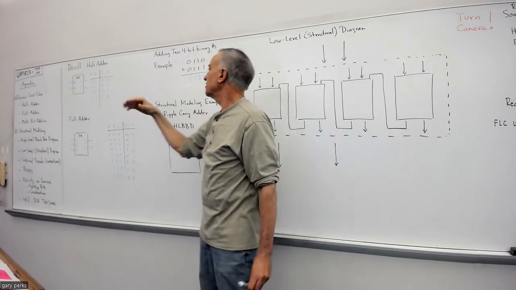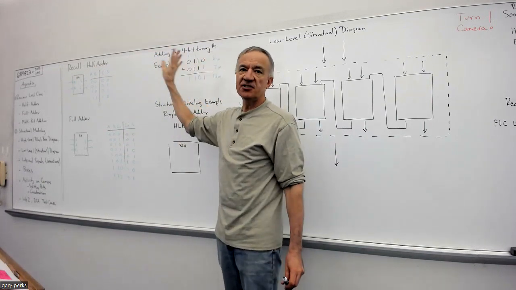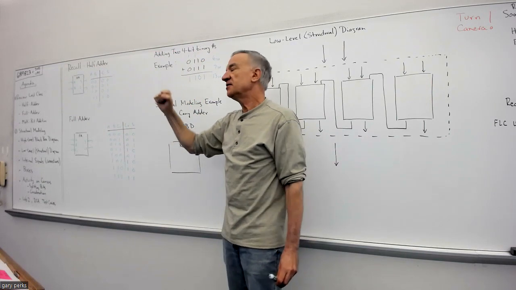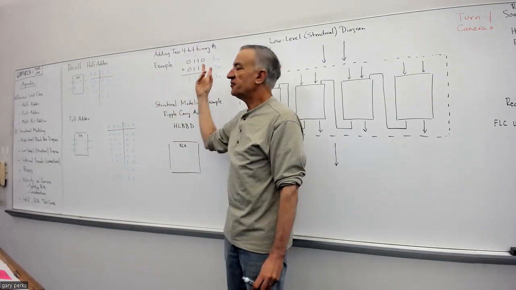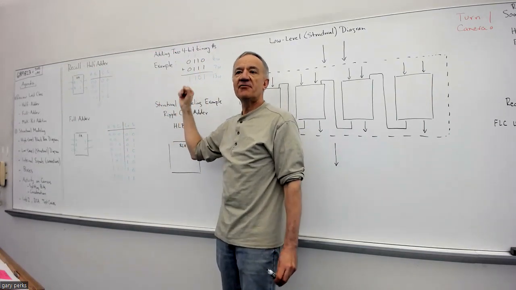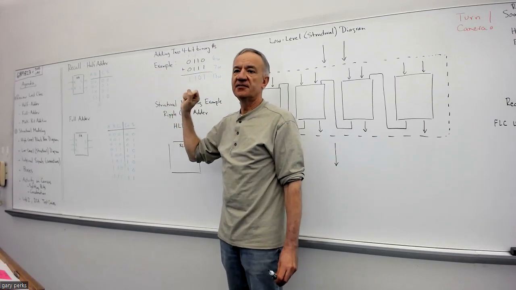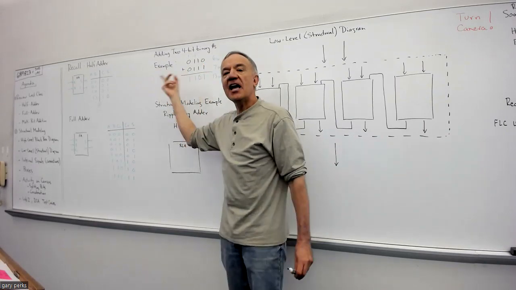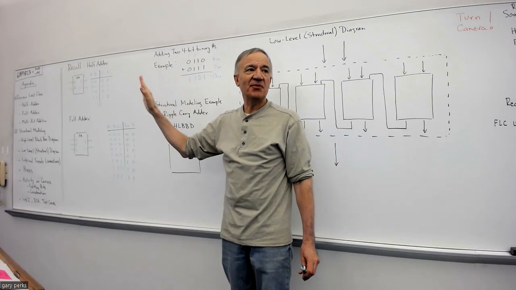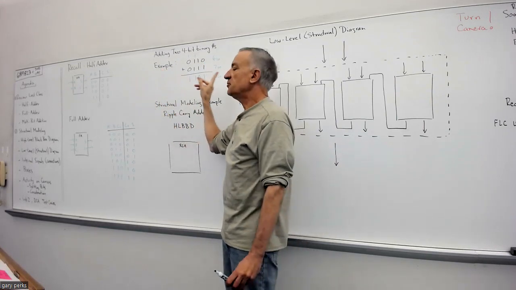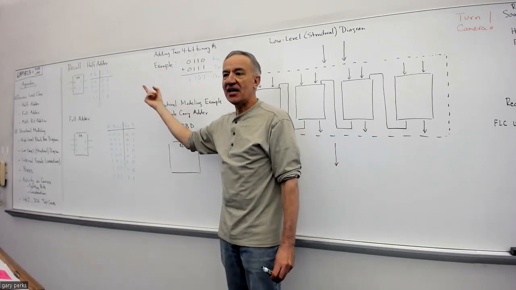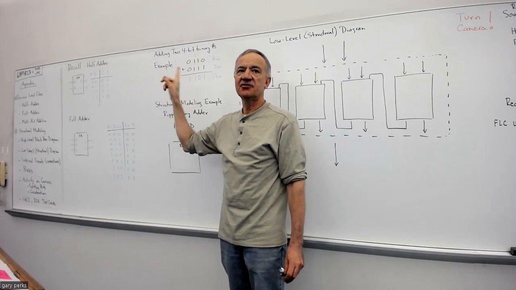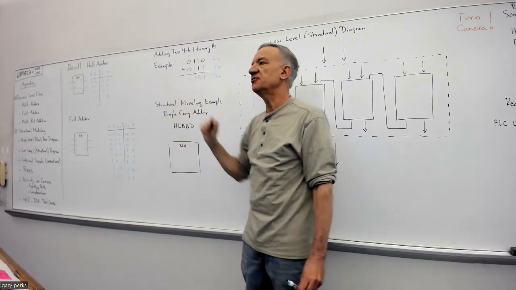Okay. So you're going to see that our ripple carry adder, which is the hardware that can add these multiple bit binary numbers, for 4 bits, we're going to need 1 half adder and 3 full adders. If you were going to add 2 64-bit binary numbers together, you would need 1 half adder and 63 full adders. So it's only the least significant bit column that you can use a half adder on.